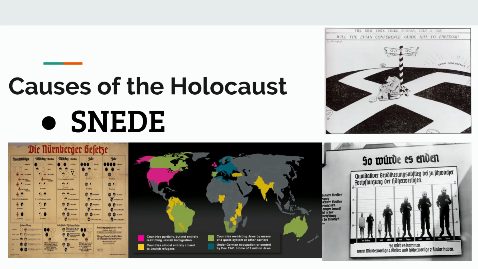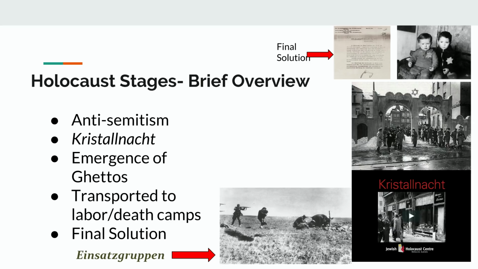Let's look at the next thing, which would be the stages of the Holocaust and how this sort of evolves over a period of time. And it begins, of course, with anti-Semitism. Again, being anti-Jewish, not liking the Jews at all. And of course, we read about Adolf Hitler's book, Mein Kampf.